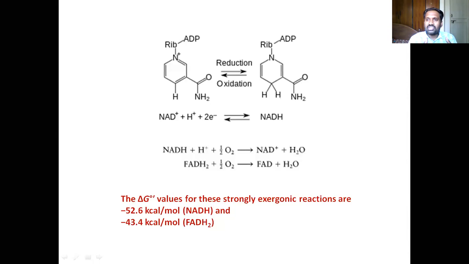Now we come to a point. What's the difference between combustion and oxidation? Combustion is also oxidation, which happens at once. So uncontrolled, rapid, sudden oxidation is combustion. What happens in combustion? In one step, the molecule is oxidized to its products.